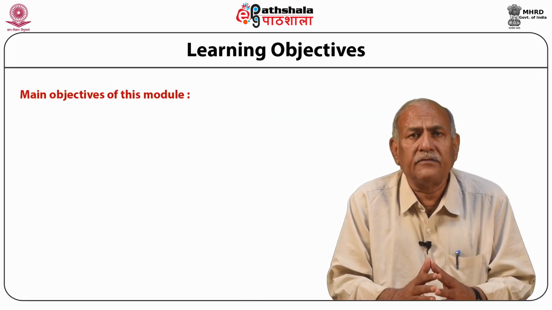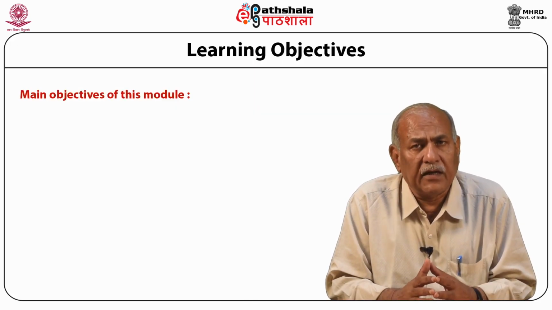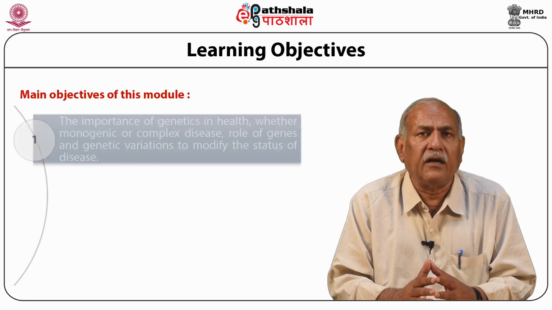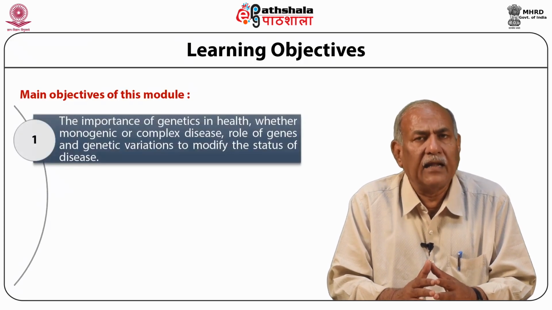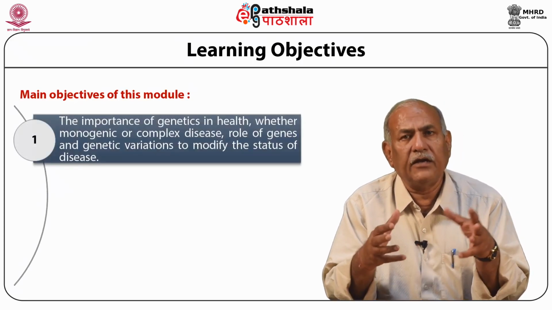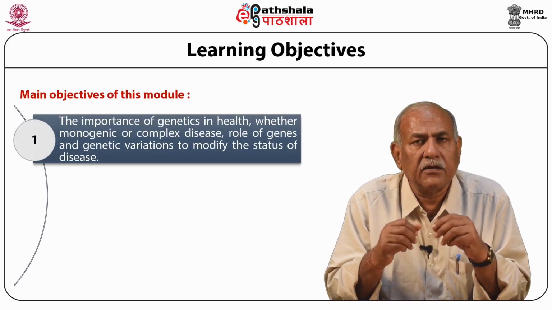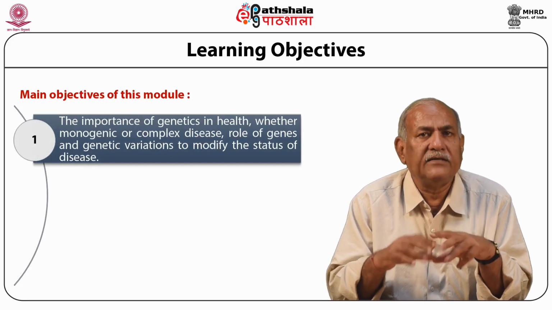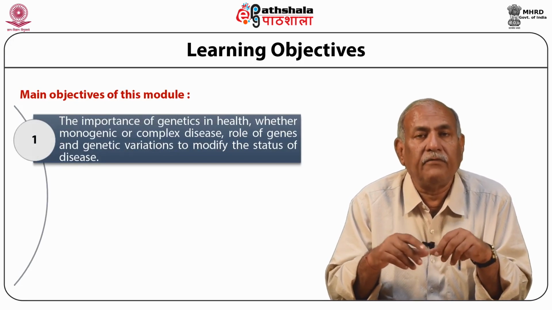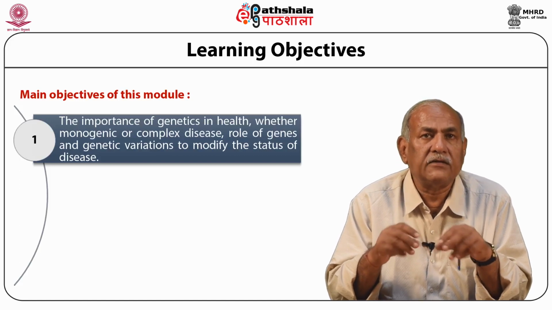The main objectives of this module are that you will be able to understand the importance of genetics in health, whether monogenic or complex disease, and the role of genes and genetic variations in modifying the status of disease.